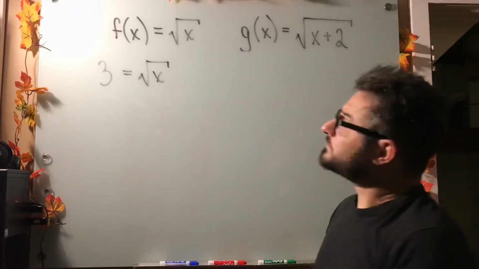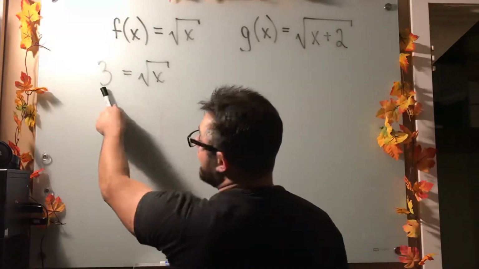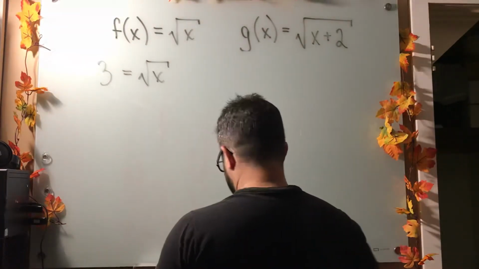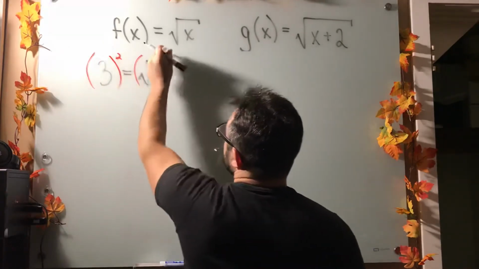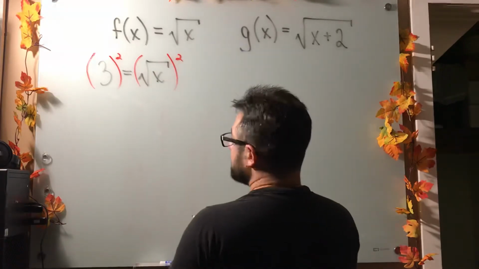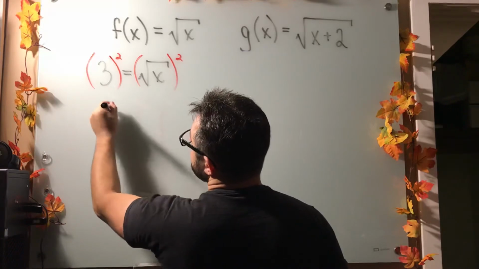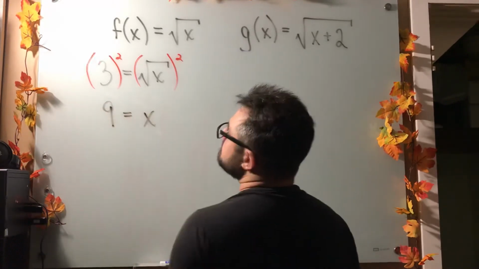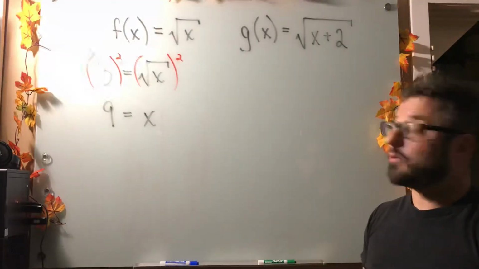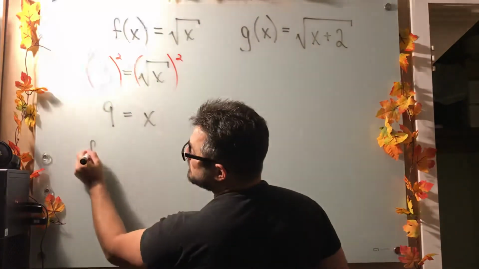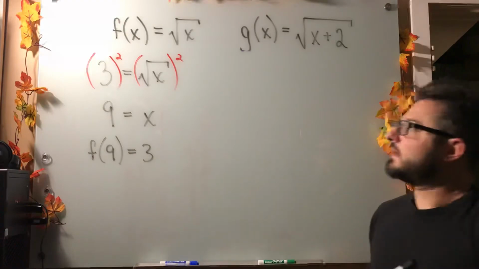Well, I can take my y value of 3, put it in, and then I can solve this and what I get is the x value that produced that y value. To write this in function notation, f of 9 equals 3.